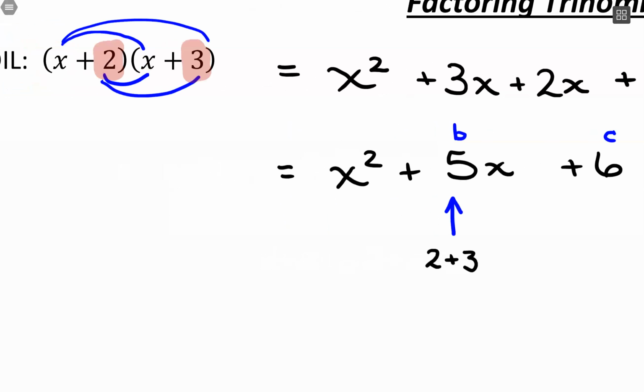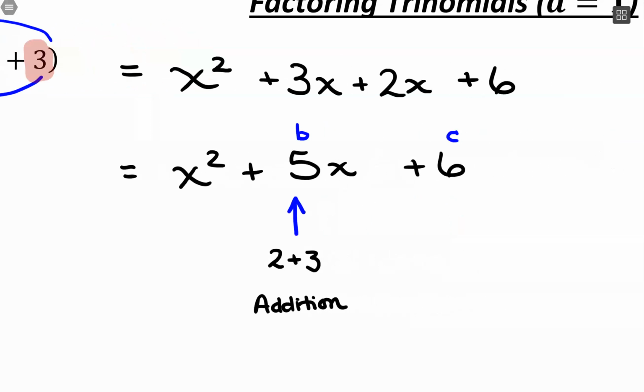Adding the two numbers together in the factored form gives us that coefficient of b. So this comes from addition, and our value for c comes from multiplying the two values together. So 2 times 3, so this is coming from multiplication.